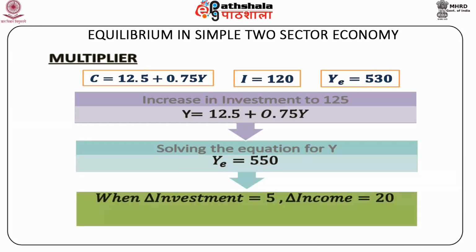Therefore, when investment increases by 5 from 120 to 125, income increases by 20, that is from 530 to 550. There is an increase in income that is a multiple of the increase in investment. In this example, the multiplier is 4. The multiplier denoted by K works not only for an increase in autonomous investment but for any component of autonomous demand.